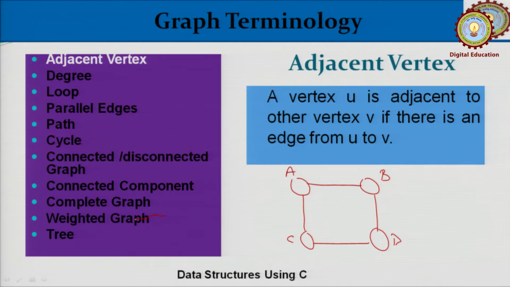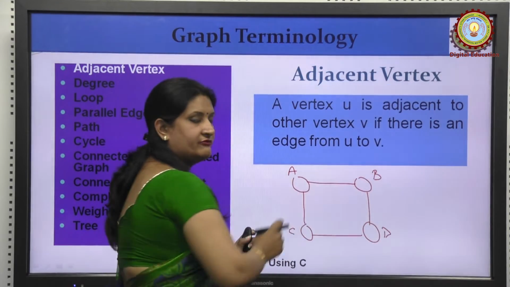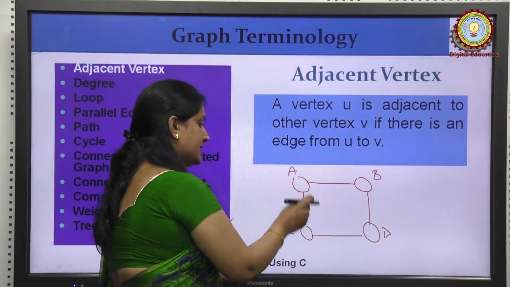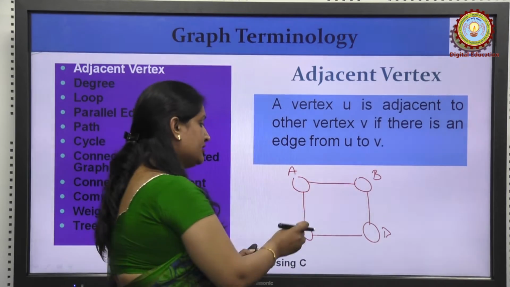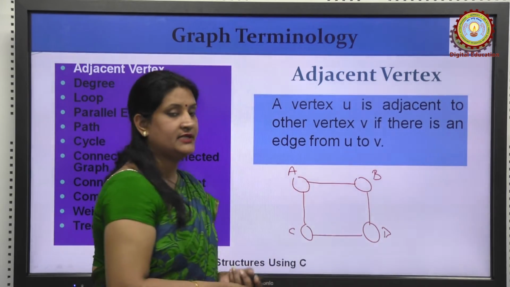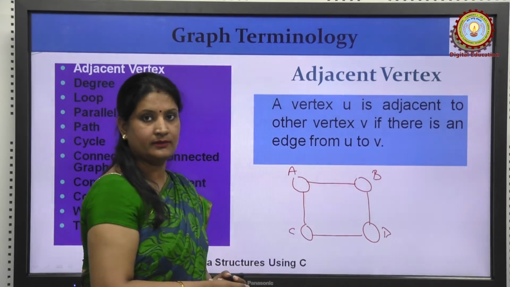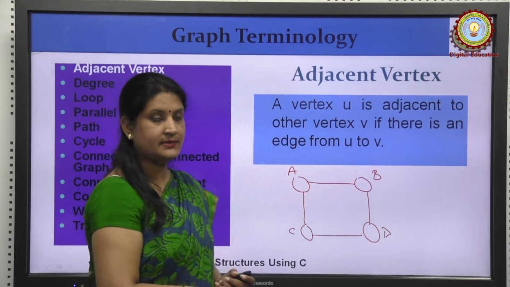Here vertex A is adjacent to vertex B because there is a direct edge from A to B, and vertex A is adjacent to vertex C. But vertex A is not adjacent to vertex D because there is no line between A and D. So, these are the adjacent vertices.